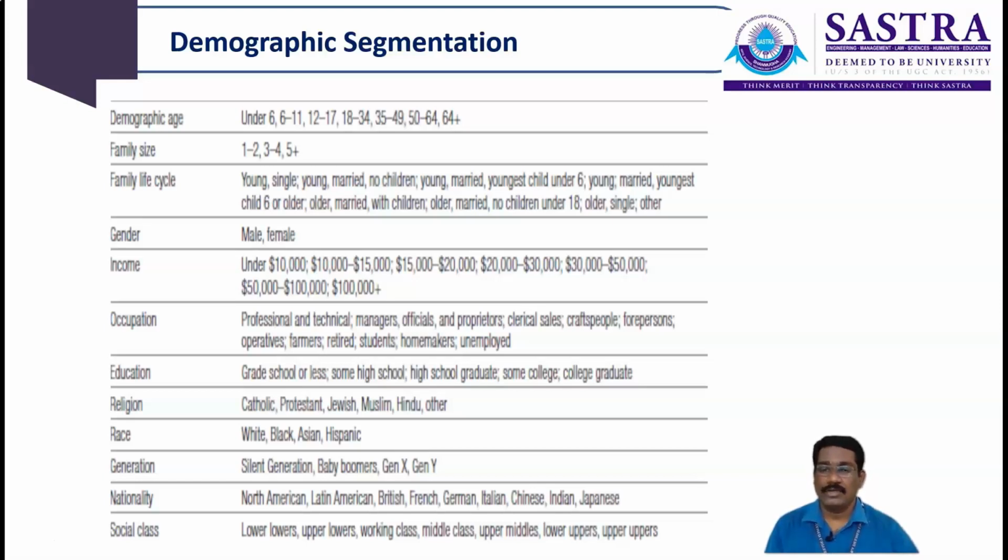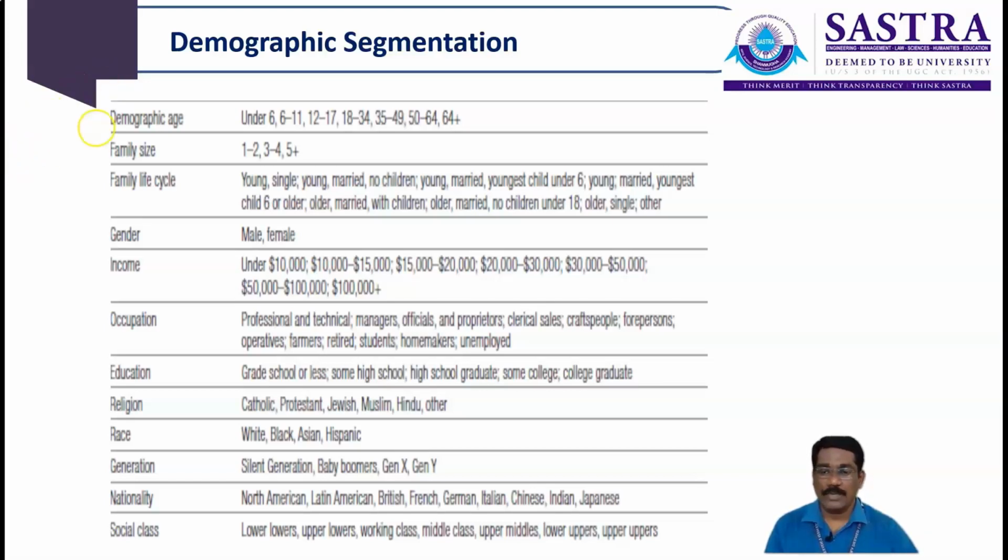And the car segment also goes for a higher segment. The big cars are focused towards the higher income group. There are a lot of luxury car brands available, like Mercedes and BMW, which try to focus on higher income groups.